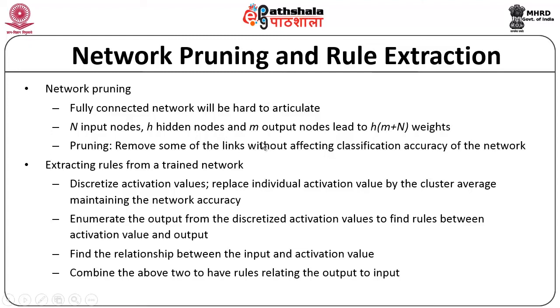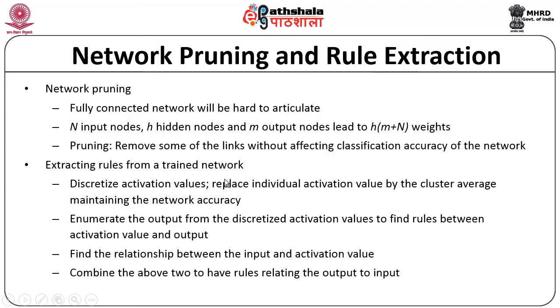When you take n inputs, h hidden nodes, and m outputs, this results in h multiplied by m plus n weights, where m is the output and n is the input. Pruning is fundamentally eliminating a few links, which may result in lesser accuracy during classification. So, pruning ultimately results in improvement of accuracy.